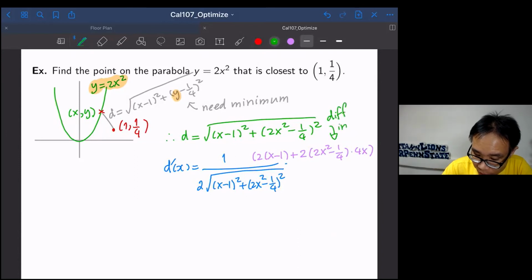You see it's kind of a big term for differentiating inside.